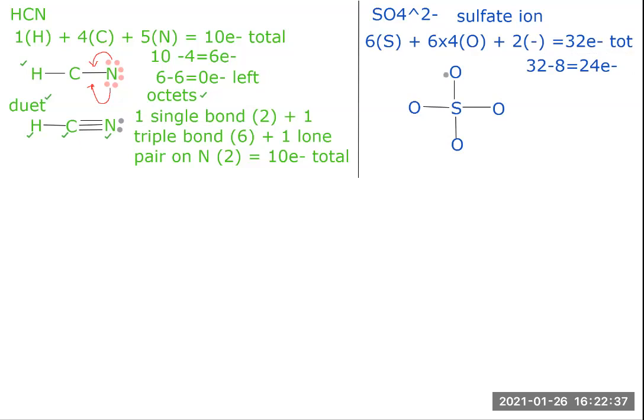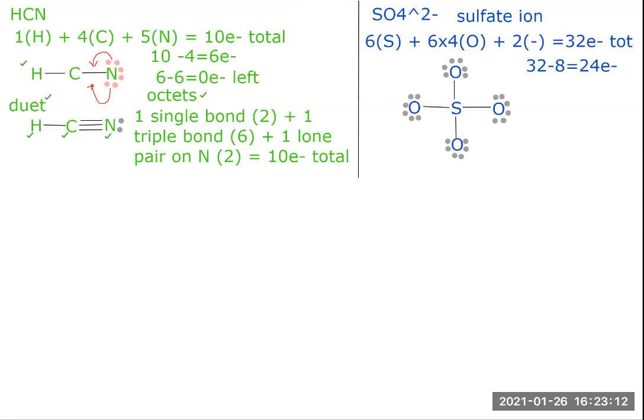So we draw 6 dots around each oxygen, and this way 6 electrons plus the 2 from the single bond, that's going to be 8 valence electrons around that oxygen. We do that to each of them, and we can see that we have enough because 4 times 6 is 24. So we will use all the electrons left over to do those lone pairs on the oxygen, and each oxygen will be satisfied because they will have an octet.